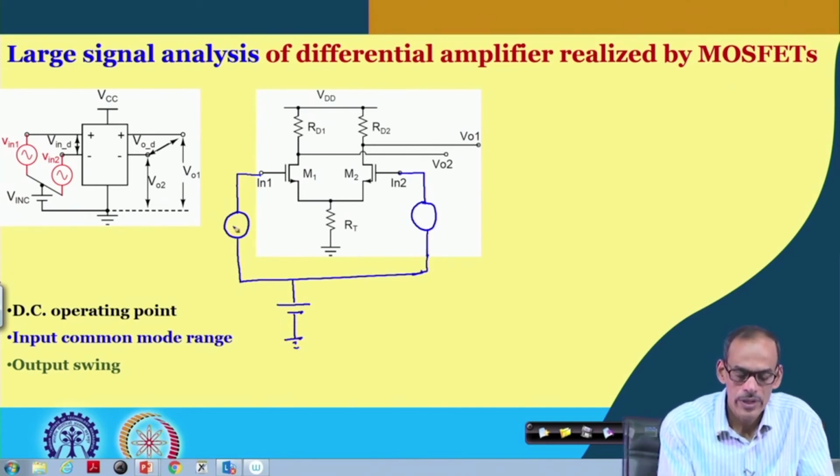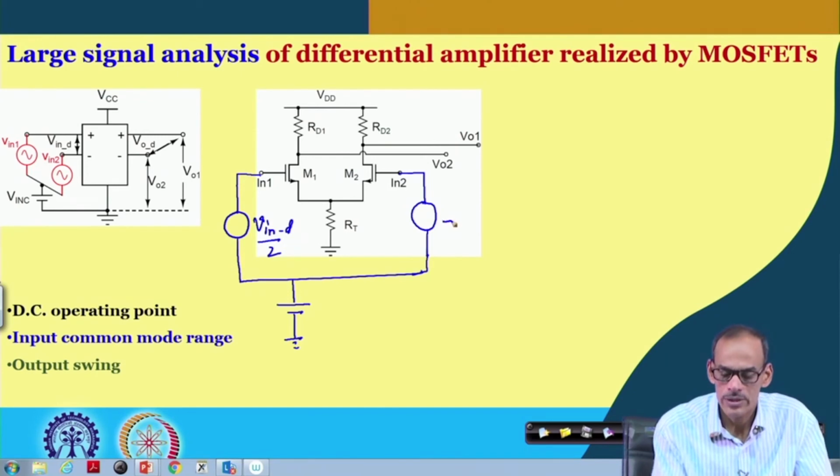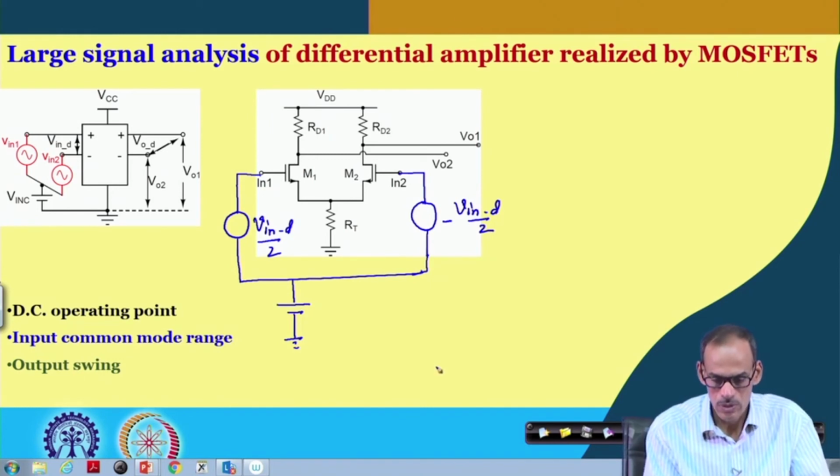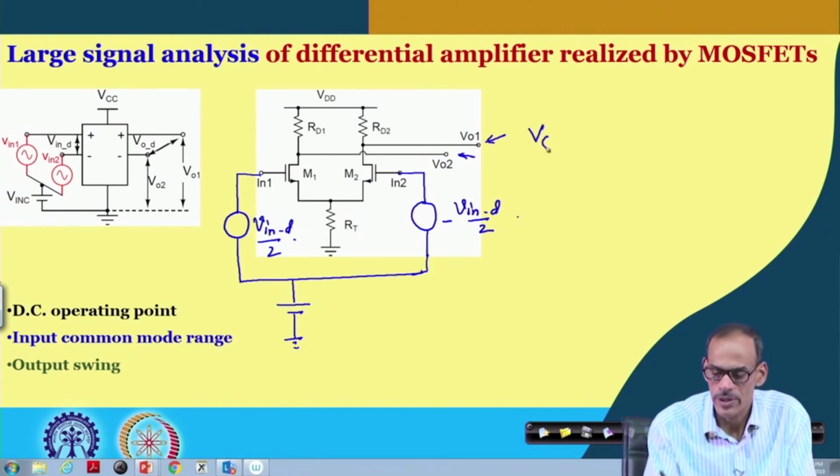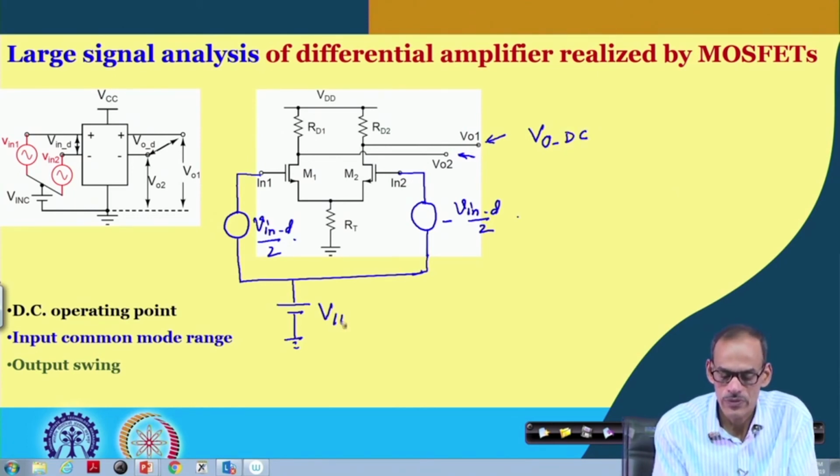If I say that it is perfectly differential, namely this is Vin D by 2 and this is minus Vin D by 2, and if I make these two signals 0, obviously the voltage here and the voltage here are the same, namely VO DC, and this is of course Vin C.